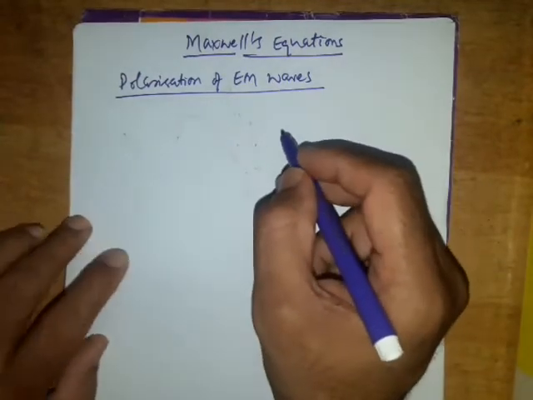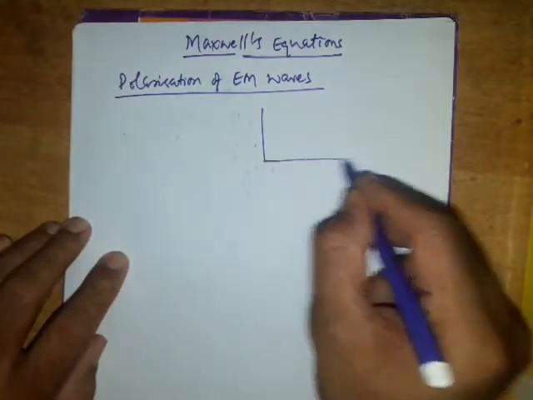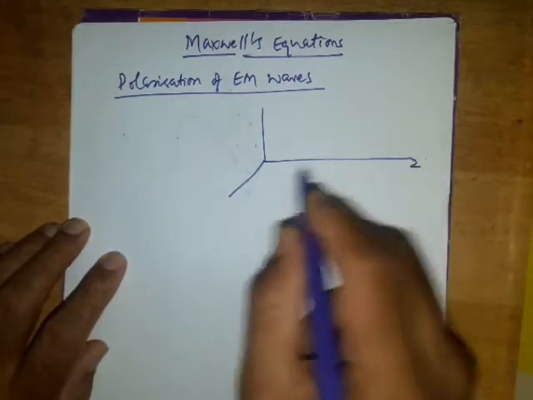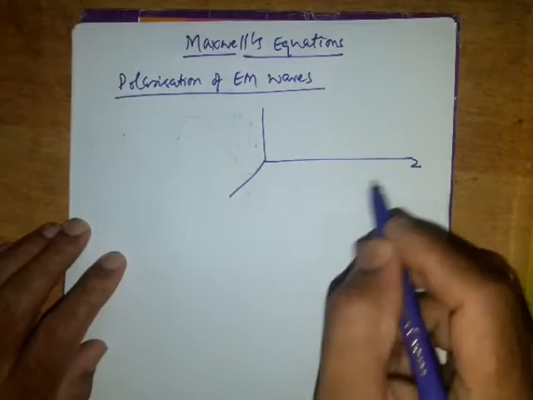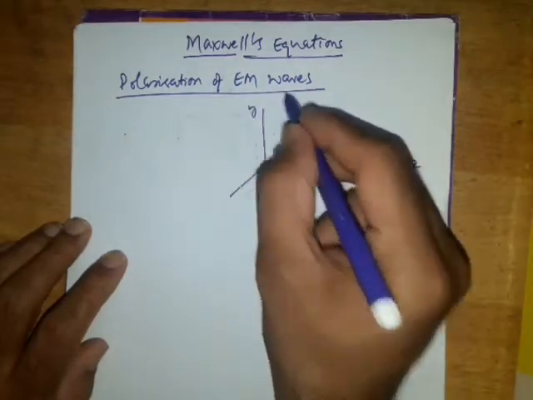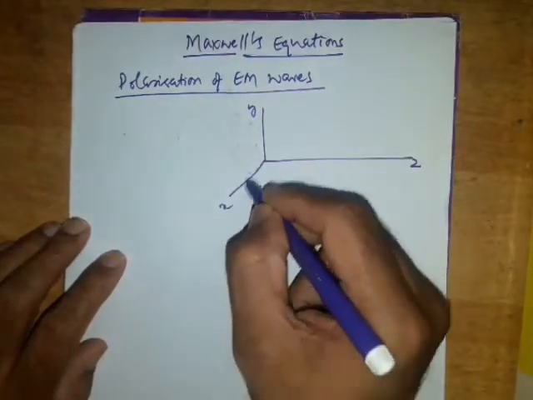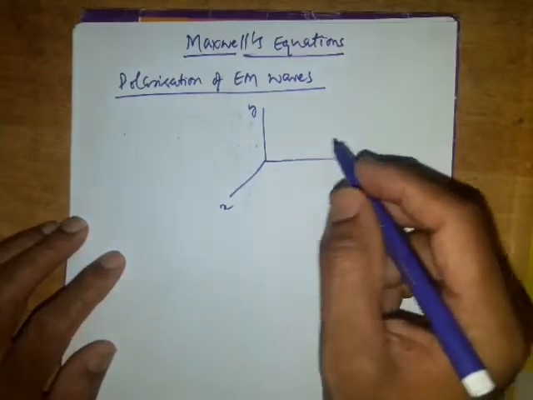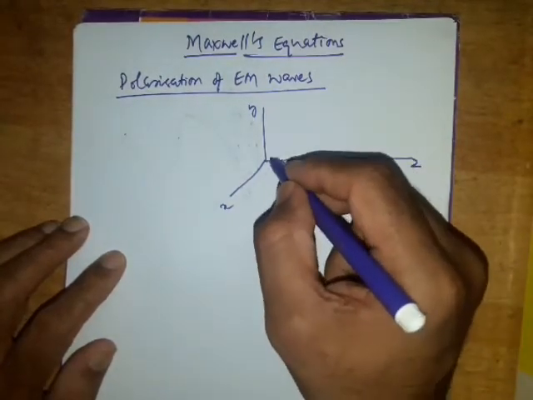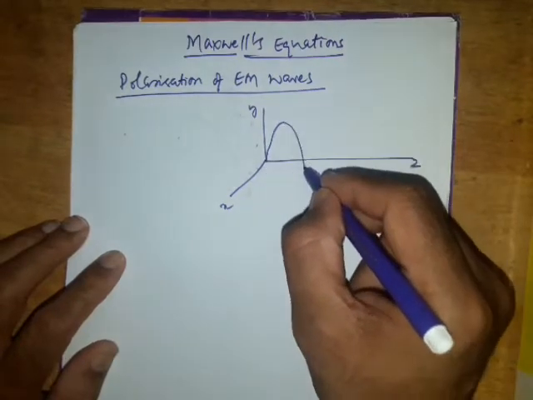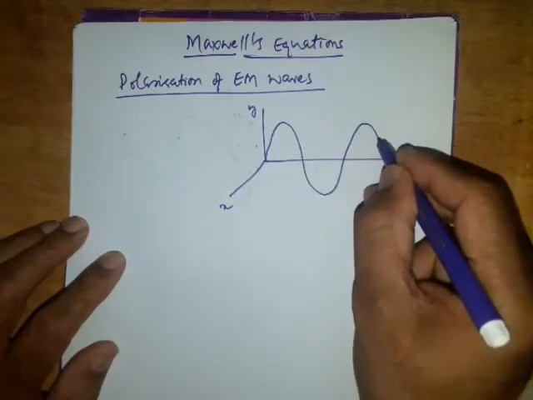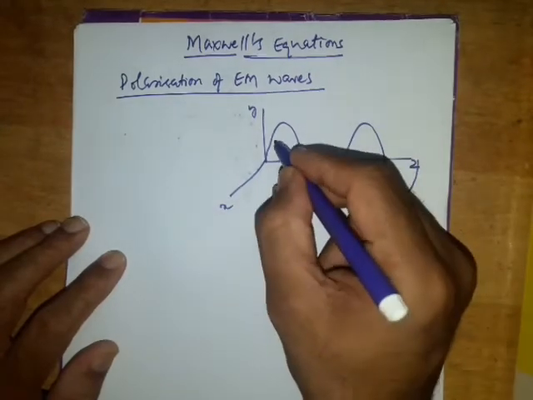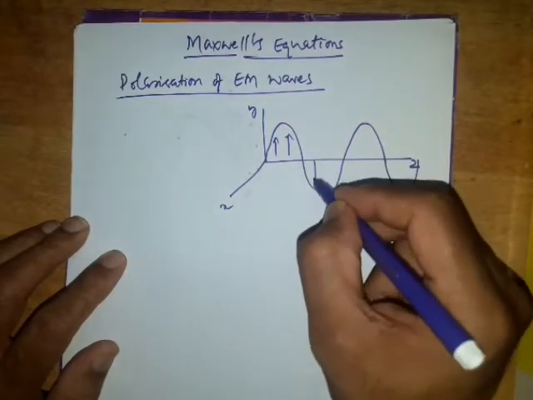So we know that in an electromagnetic wave there are two components. Let's say the electromagnetic wave is moving along the z-axis. These are the two axes, x and y, and one of the components is the electric field vector, and it is like this.